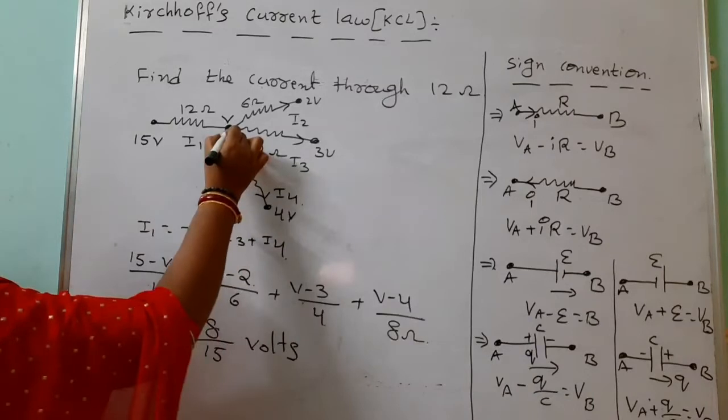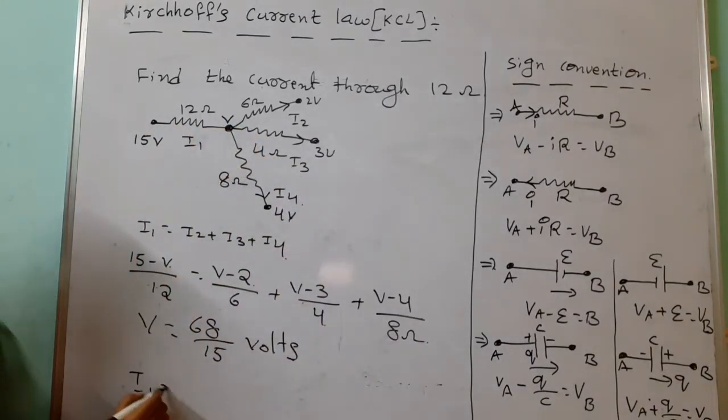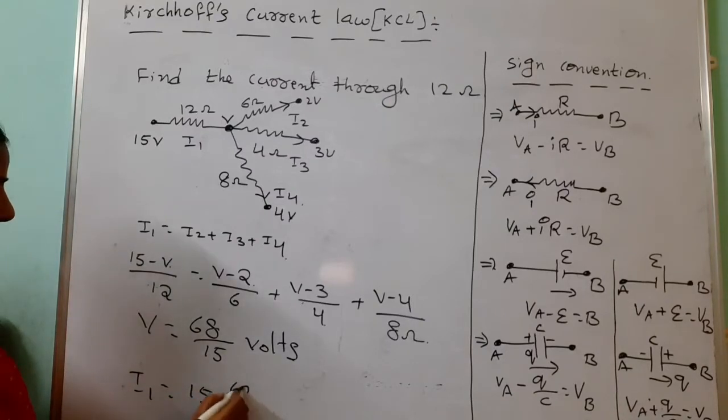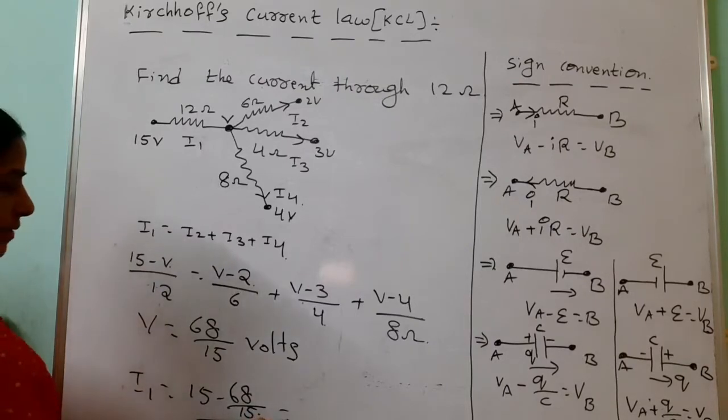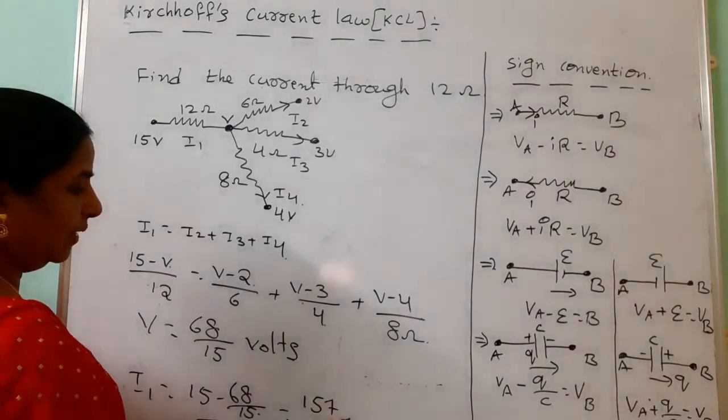This is the V value. Once we know this potential, we can find the current. I1 equals 15 minus 68 by 15, divided by 12 ohms. After simplification, the answer is 157 by 180 amperes.